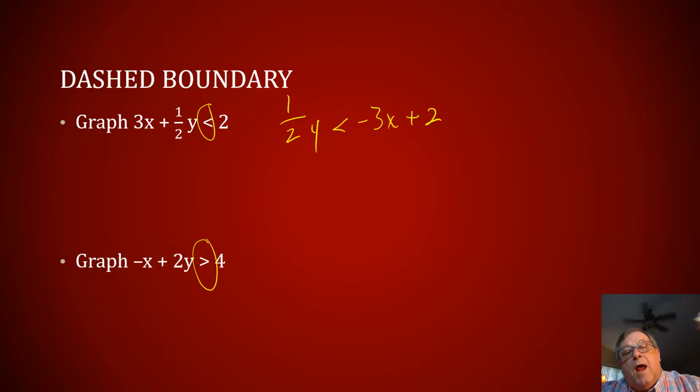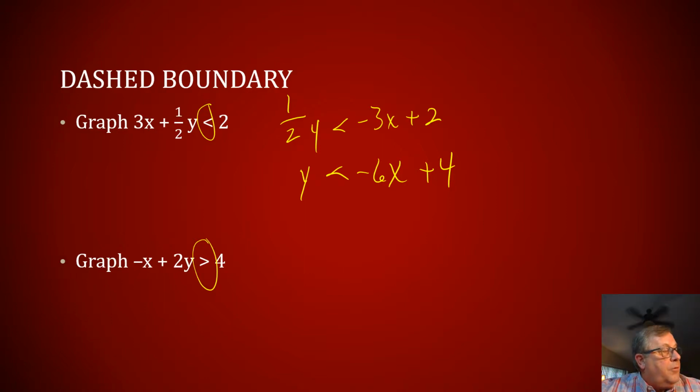And so 2 times 1/2 is just 1. That's going to leave me with y is now less than 2 times negative 3x, which yields negative 6x, and 2 times 2 is going to be 4. Now, we're in Algebra 2. I shouldn't have to write every step here. You should be able to catch on with what I'm doing.